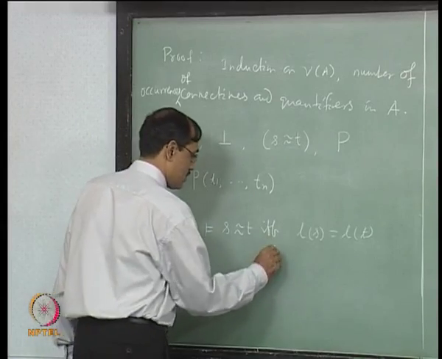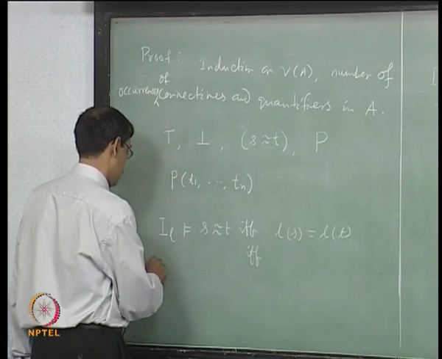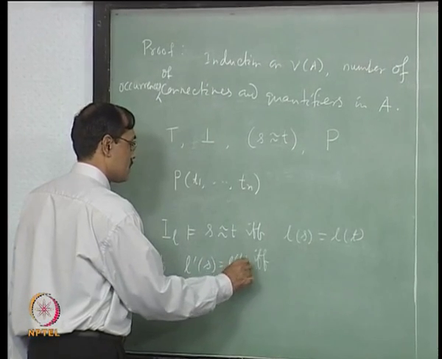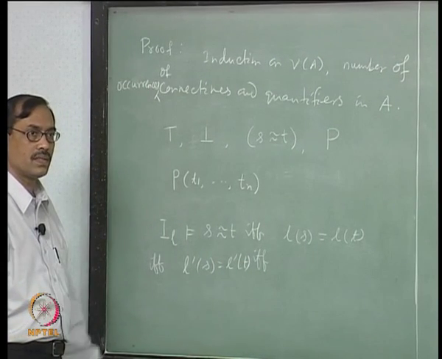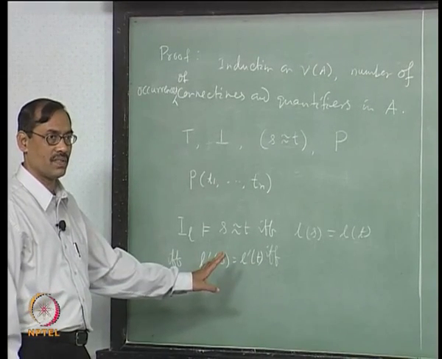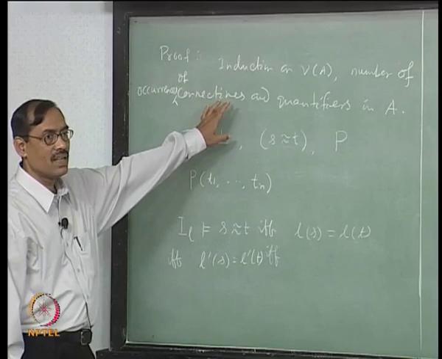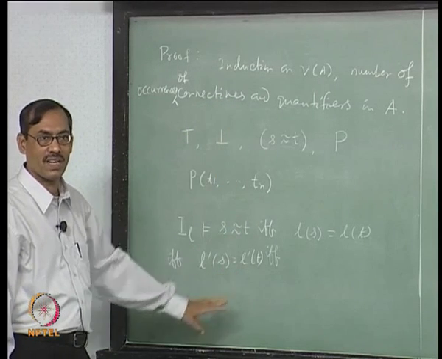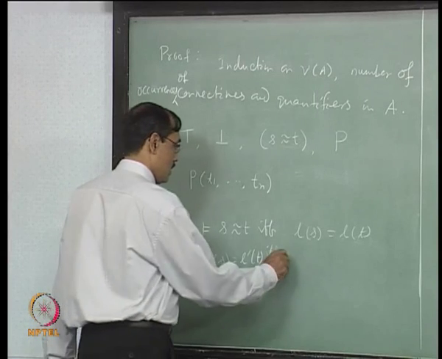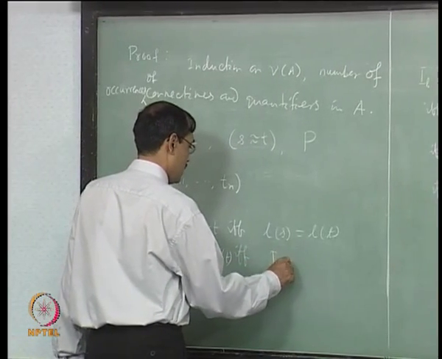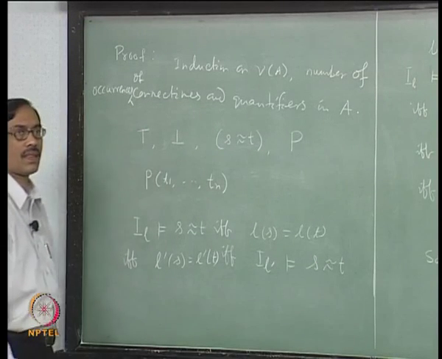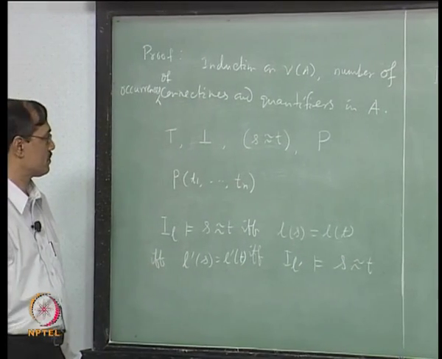Then this will give L prime of S equals L prime of t, since on the variables they are interpreting the same way, whatever the variables are, whether originally quantified or not quantified in A, we are not bothered. There is no quantification here, of course. Then this happens if and only if I L prime satisfies S equal to t. So, this case is clear.